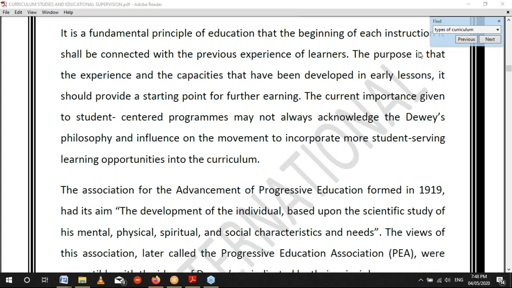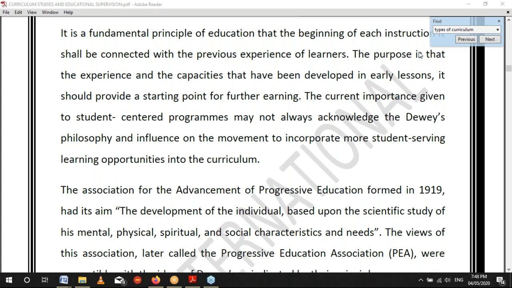Activity-based curriculum is a type of curriculum where the teacher engages the students or pupils in activities as teaching and learning is going on.